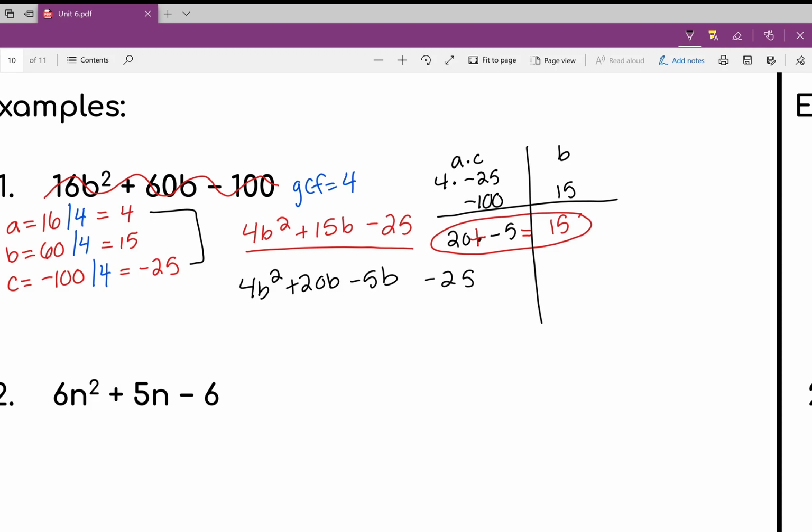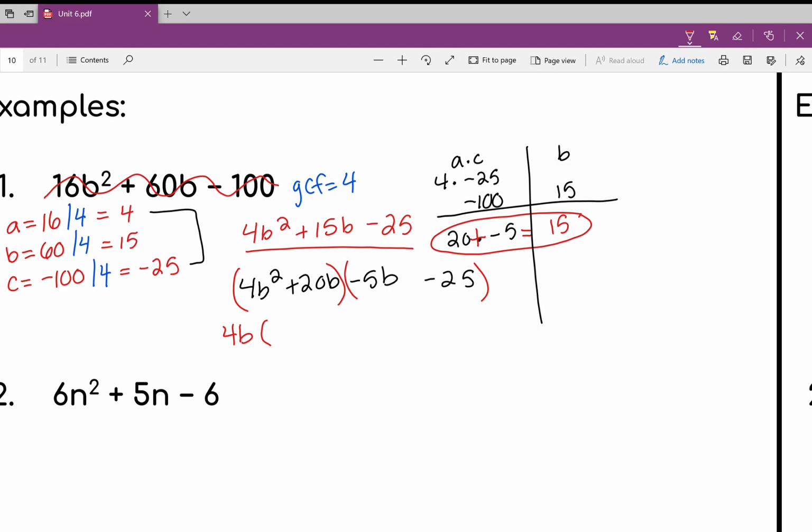Now if I group it, I can take out a GCF from both of those numbers. The GCF, the biggest number I can take out of 4 and 20, is 4. And the most variables I can take out of both is just the b. So 4 divided by 4 is 1, so I don't have to write anything.